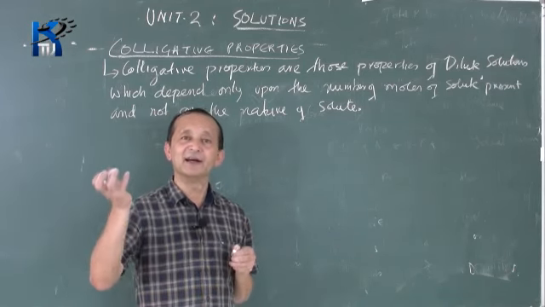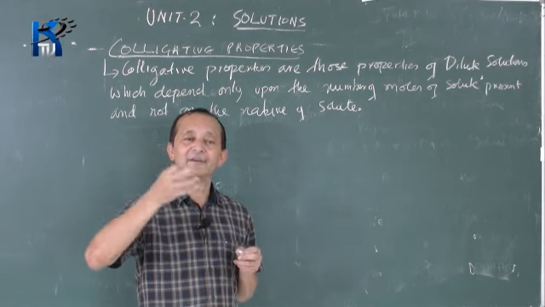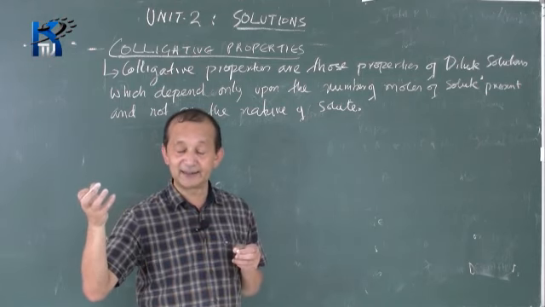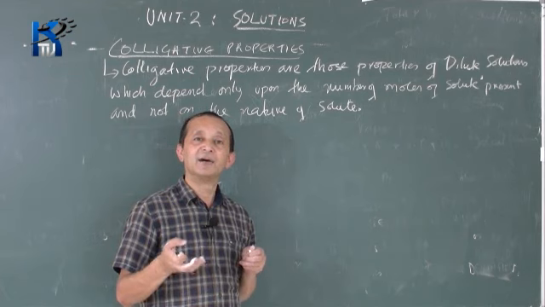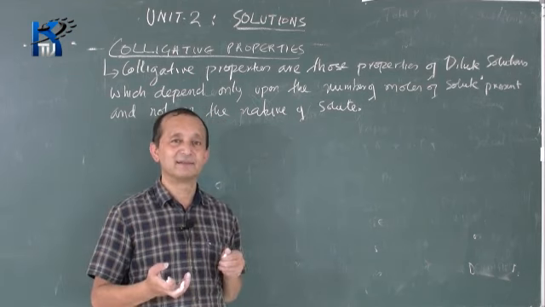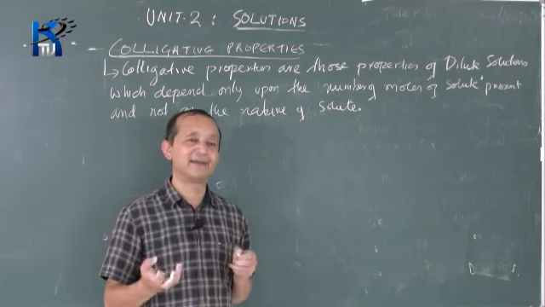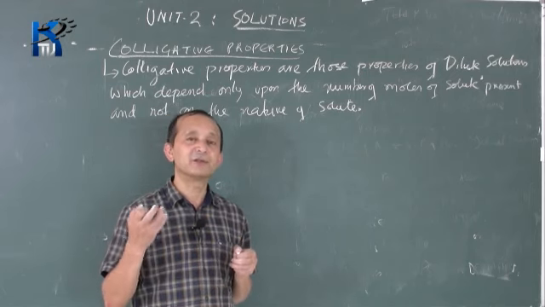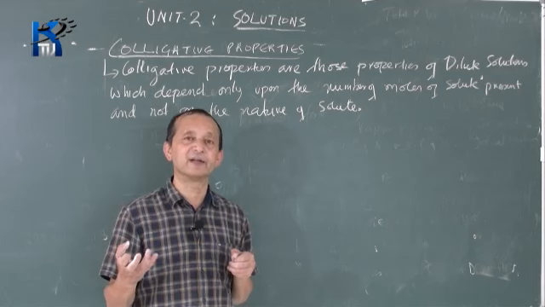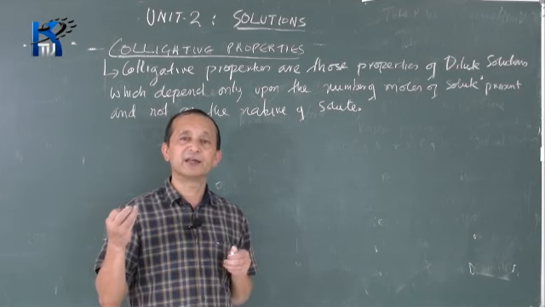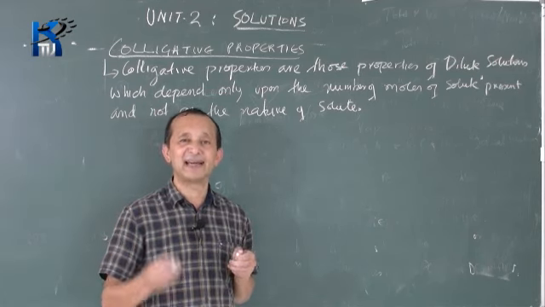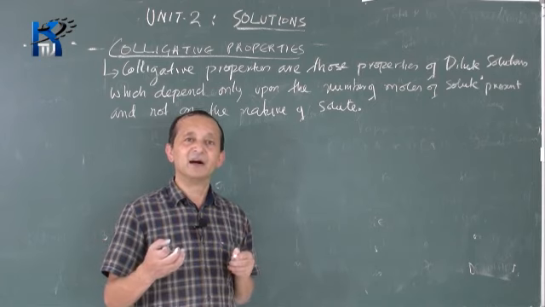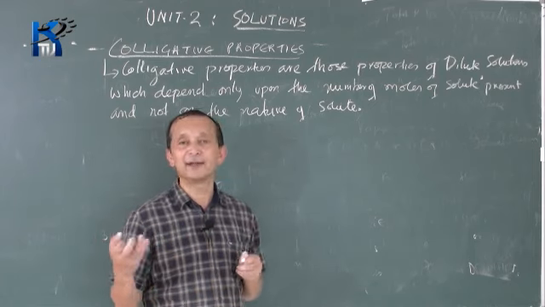You have seen that all solutions may not be ideal; they may not obey Raoult's law. But if you make the solution very dilute, that is one of the conditions for ideal behavior, and a dilute solution will obey Raoult's law.